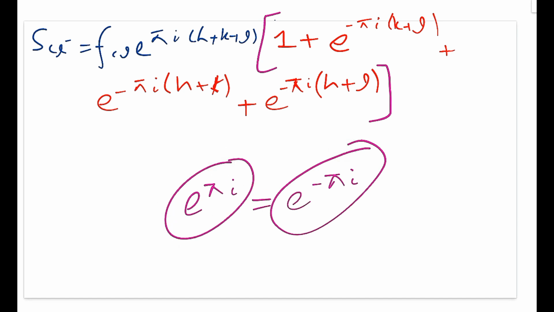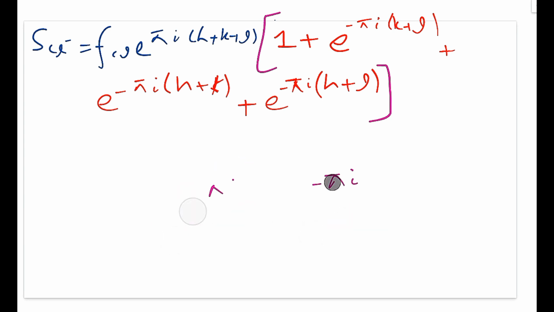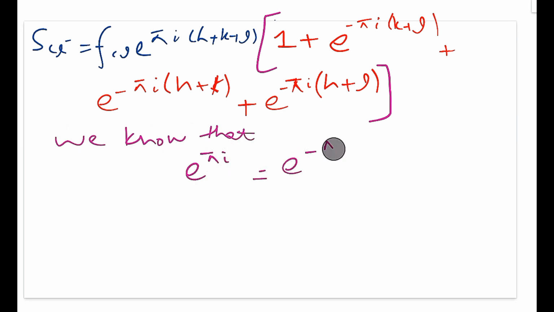We can safely do that in trigonometry. So we simply exchange that, and we have these plus ones. You need to write it down in the next step. So that is what we have got.